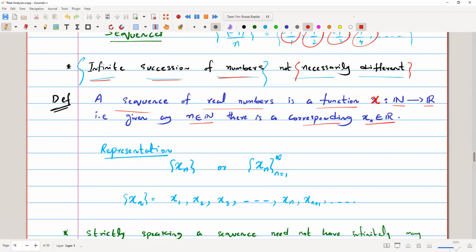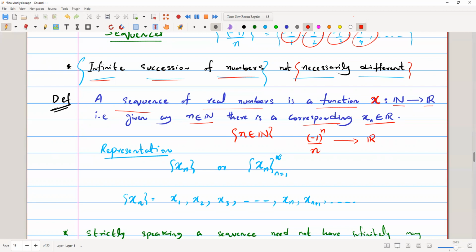So if again we consider this sequence, (-1)^n over n, we can see that the input of this sequence is from the natural numbers. And for every sequence that we are going to talk about in this section of real analysis, the input is from the natural numbers, and what we are getting is a real number.